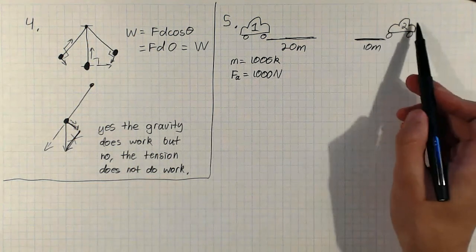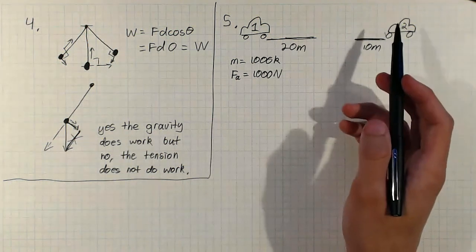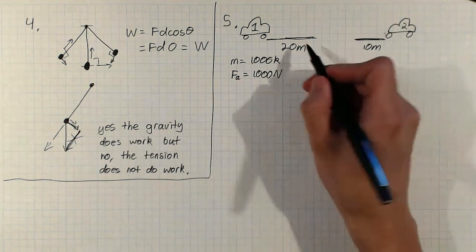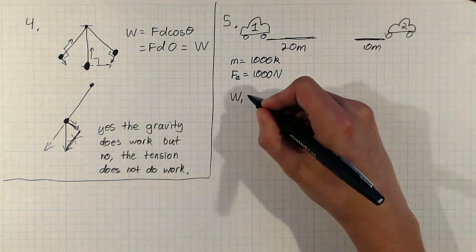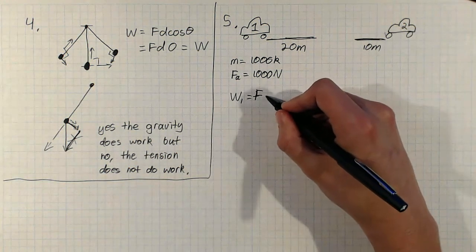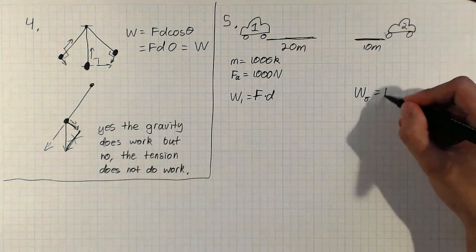We know that this car stopped in 10 meters, and this car stopped in 20 meters. To figure out the amount of work done in that distance, work for car 1 is equal to force times distance, and work for car 2 is equal to force times distance.